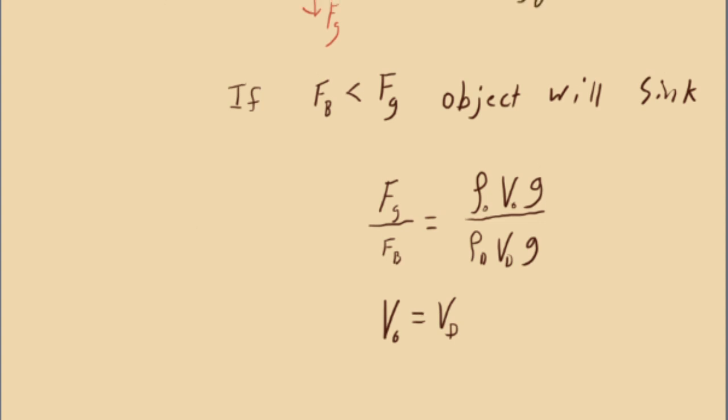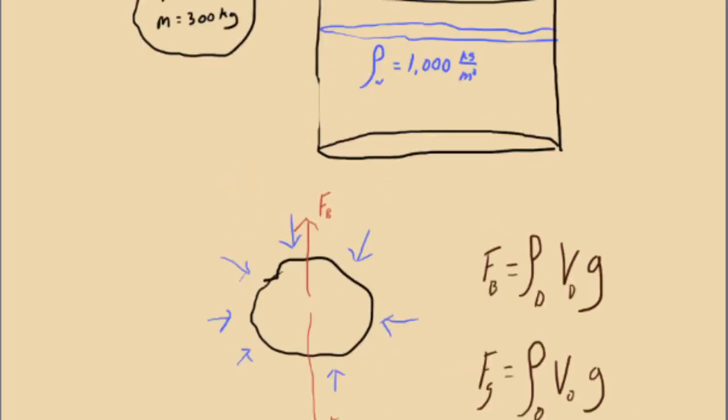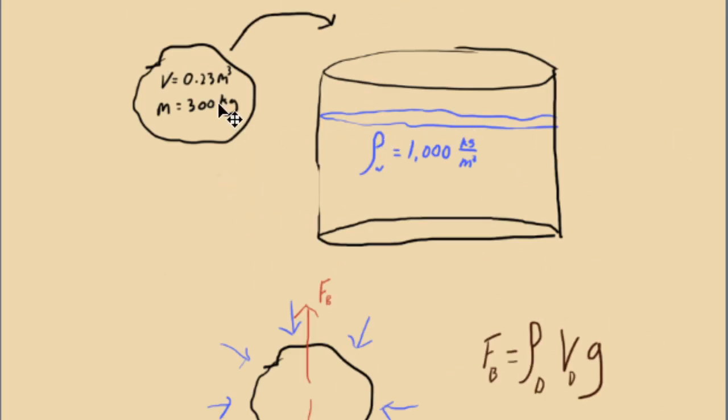And that's because when we compare, if we take our mass divided by our volume, the density of our object comes out to be 1,304 kilograms per meter cubed. And if we look at the density of water, it's 1,000 kilograms per meter cubed.